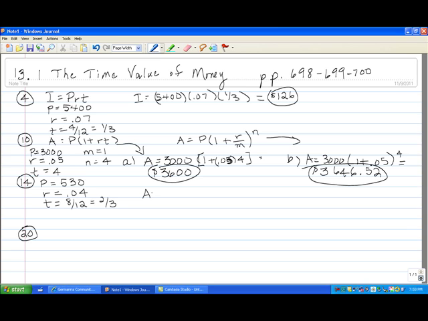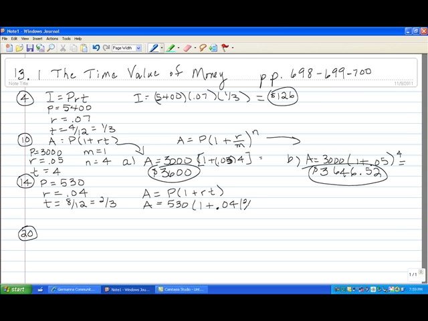So we want our amount that they're going to pay. So that's the future value. So this is the formula we want, although you could calculate the interest and then add it to the principal to come up with the answer.